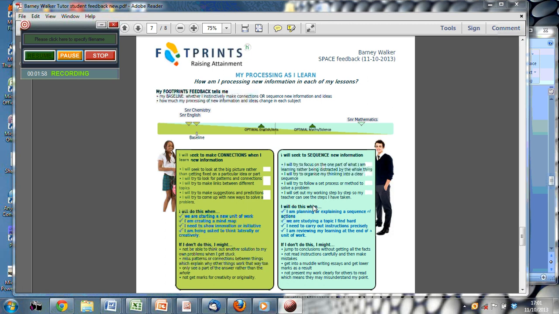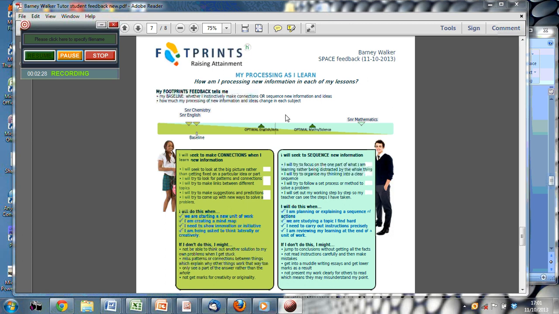Without being able to sequence work and thinking clearly, students' work is likely to be in a muddle, and in writing essays they get lower marks as a result. They may well misread instructions, they may jump to conclusions because they haven't gathered together all the facts carefully enough, and they may not communicate their work clearly so they can lead other people through their arguments.